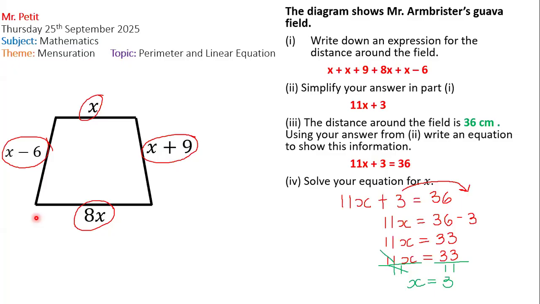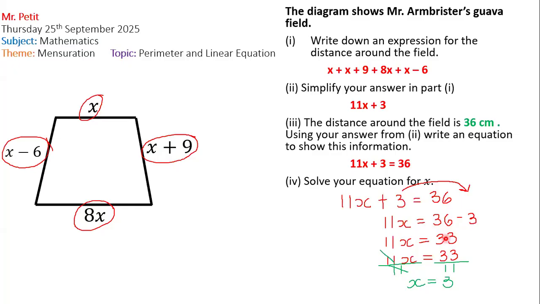You see how there's a plus 3 up there? I just put 3 instead of 11, and I did it on both sides. You subtract 3 on both sides? Yes, on both sides. Okay, that's fine. Then 36 minus 3 gives you 33.